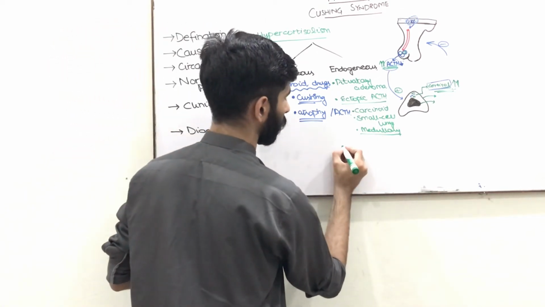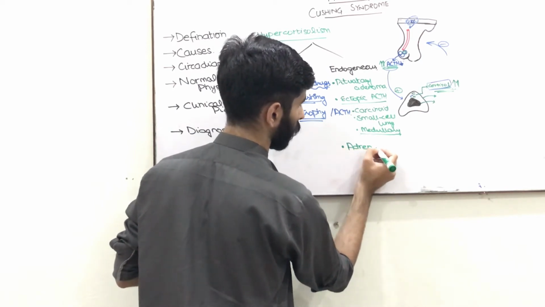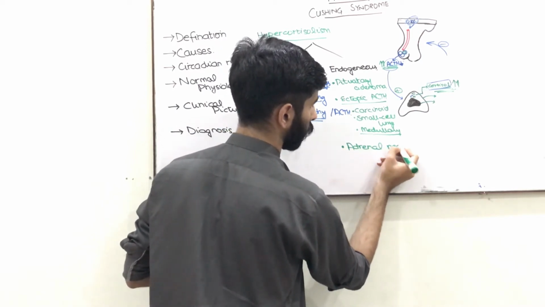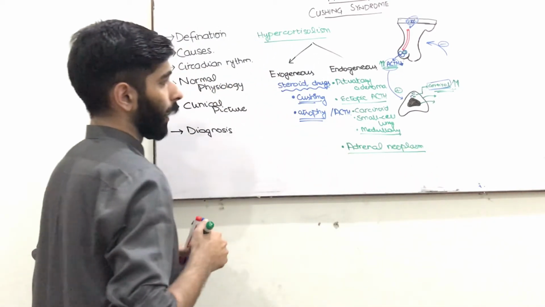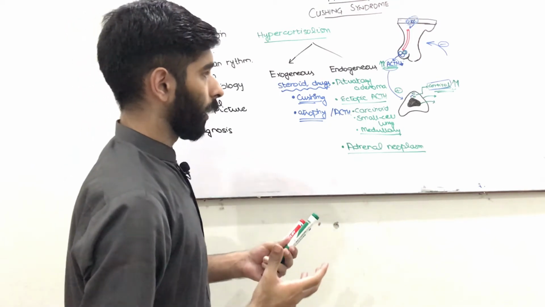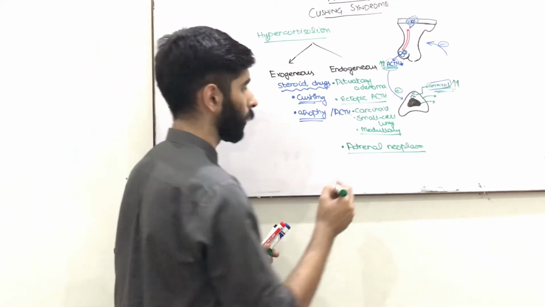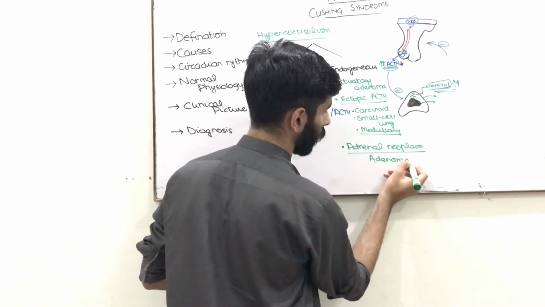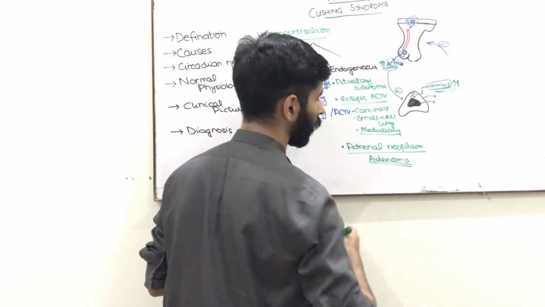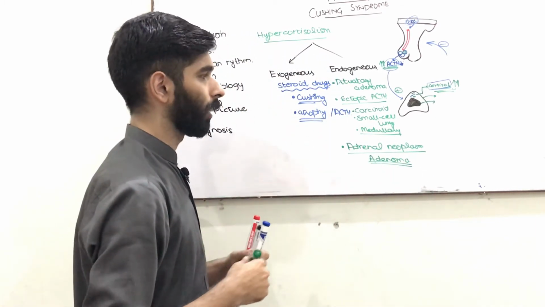And the fourth one is adrenal neoplasm. Adrenal neoplasm means neoplastic growth deriving from the adrenal gland, for example, adenoma, more commonly adenoma of the adrenal gland, or sometimes carcinoid tumor or carcinoma of the adrenal gland.